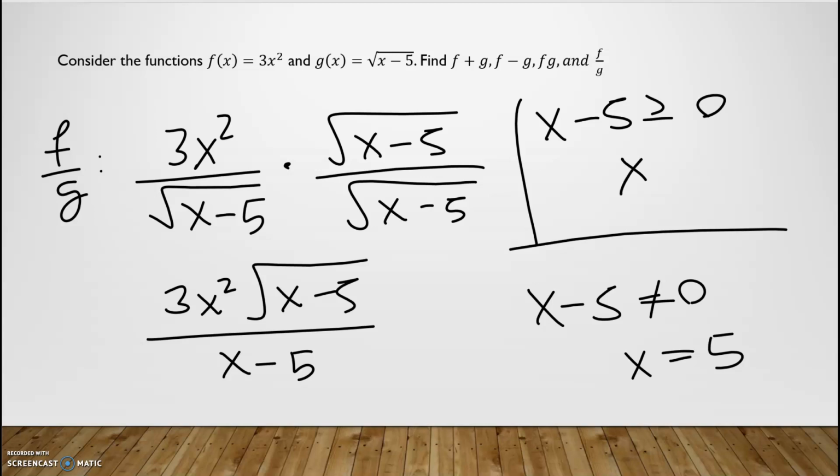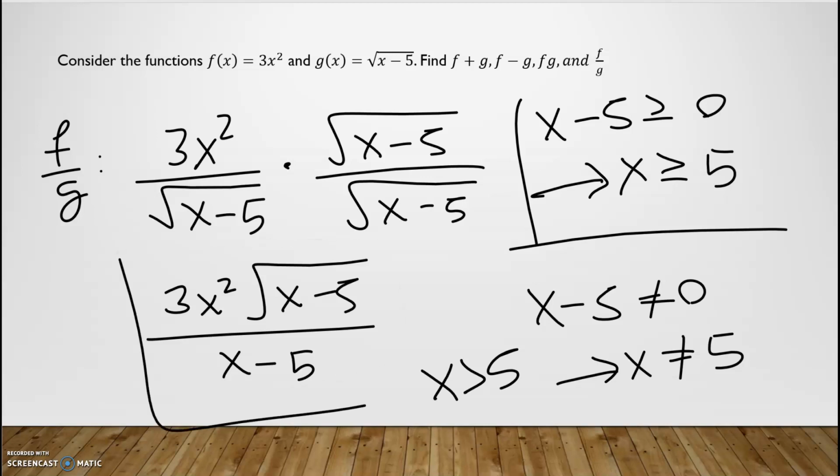So x needs to be greater than or equal to 5. But down here, we said that x can't be equal to 5. So all the numbers that will work for this particular fraction, combining what we know here and what we know here, is x has got to be greater than 5. Those are the numbers that will work for this fraction right here.